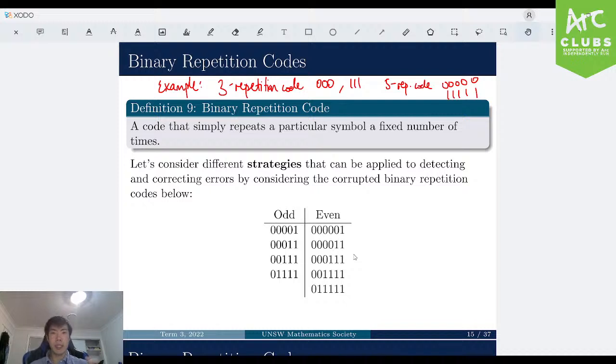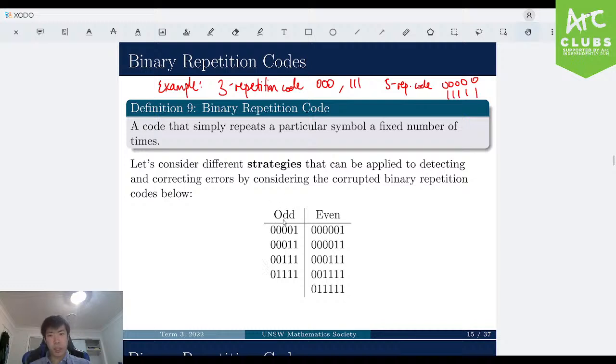This is a great segue into talking about how we can apply different strategies to have different forms of detection and correction of errors for corrupted codes. In this example, let's have a look at odd and even number of zeros and ones.